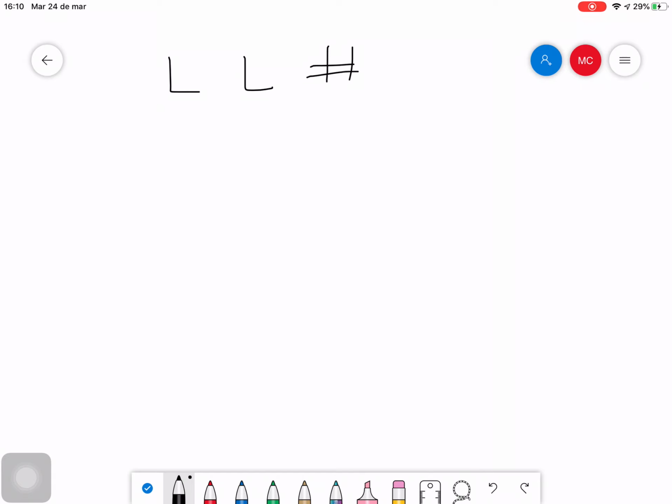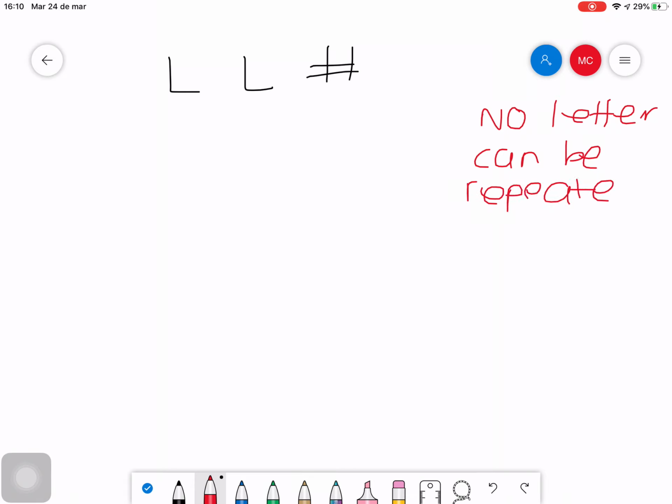But they told me a restriction, and the restriction is no letter can be repeated. No letter can be repeated, okay? I need to make sure I know how many letters does the English alphabet has.